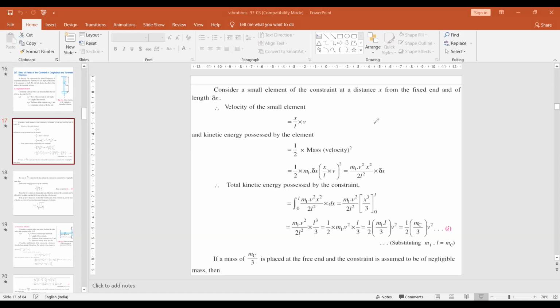And at that place the velocity is the capital V, and its distance is x.